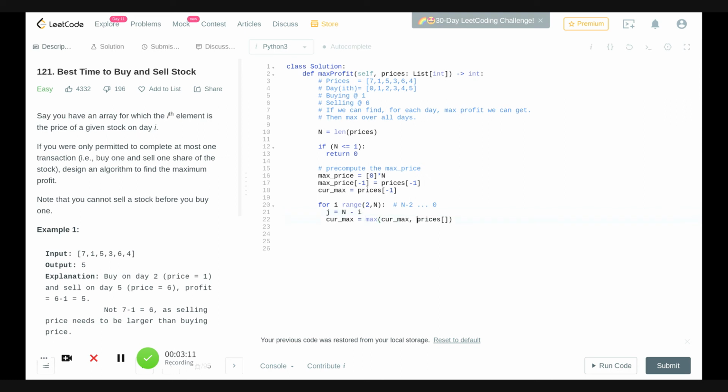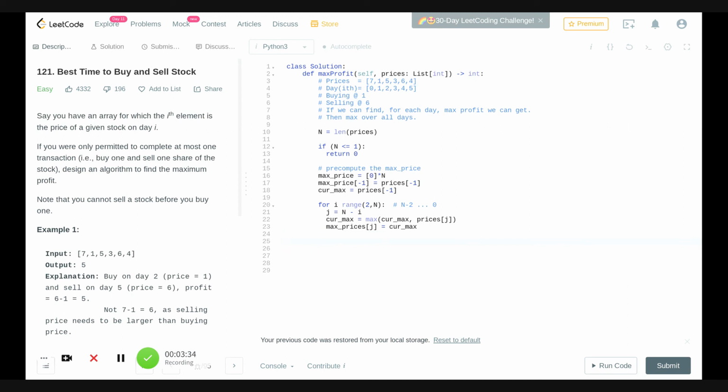This is the reverse iteration we are doing. And we assign max price of j equals current max. So this is a pre-computation. Each max price entry contains the max price of the stock after the jth index.